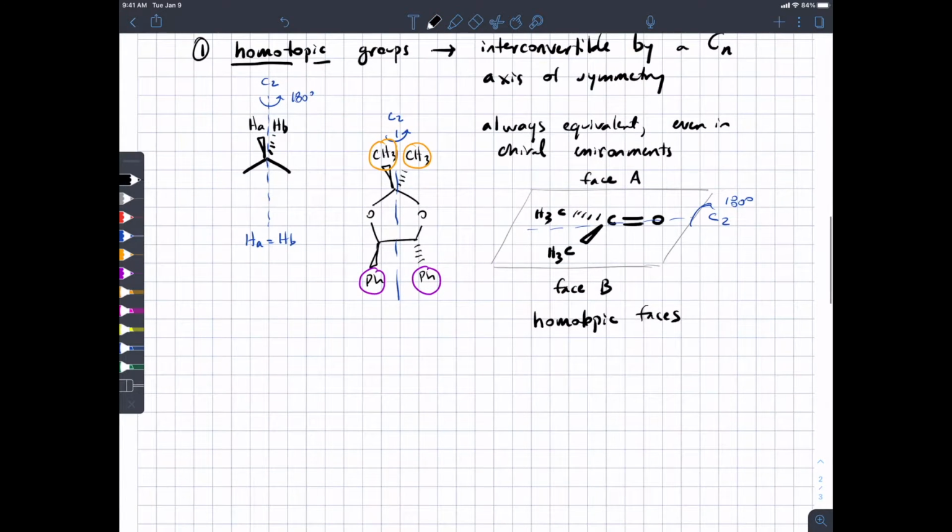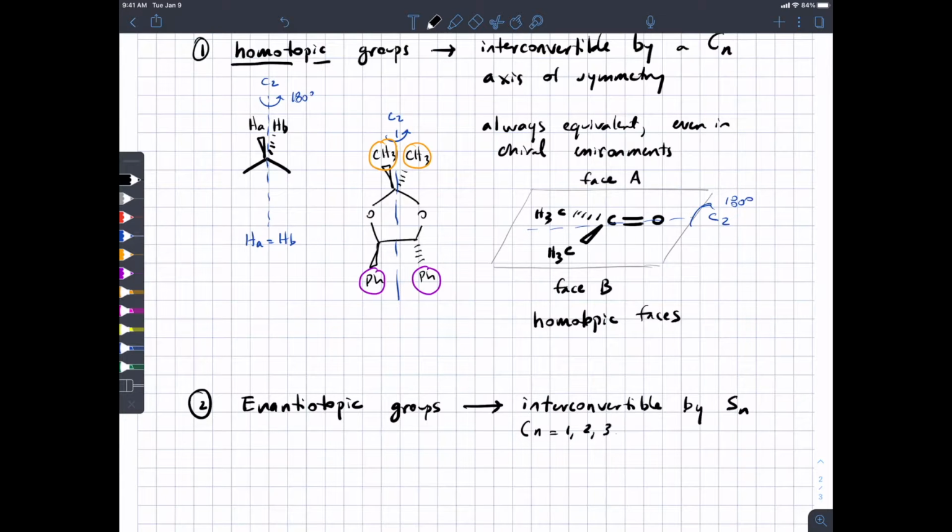Now, besides homotopic, you've got enantiotopic groups, and sometimes this is difficult to distinguish between homotopic groups and enantiotopic groups. Enantiotopic groups, unlike homotopic groups, are interconvertible by an improper axis of rotation, where n equals 1, 2, 3, and so on.